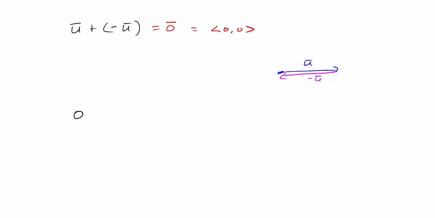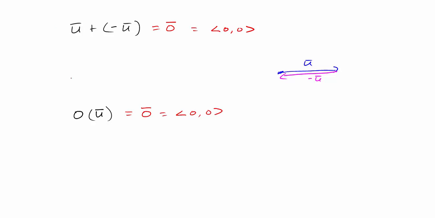And then of course if we take a scalar, now 0 here, this is a scalar, being multiplied by a vector u, and 0 could be multiplied by any vector u, and what that means is we're going to end up with, once again, the 0 vector, where this is representing 0, 0.